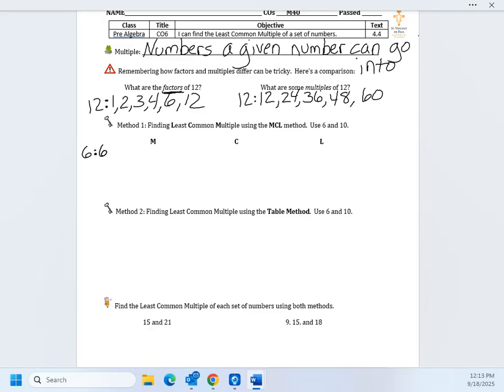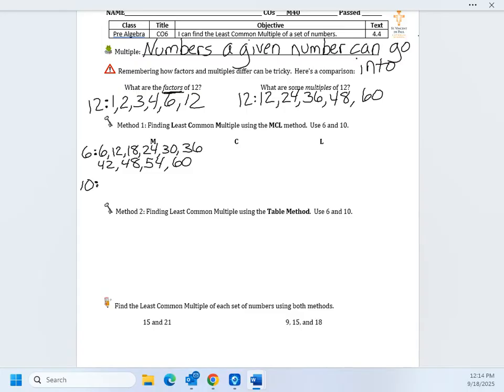So 6 times 1, 6 times 2, times 3, times 4, times 5, times 6, times 7, 8, 9, and 10. Okay, so I list my multiples out in order. I usually do 10 and see how we're doing. So I'm going to do the same thing.